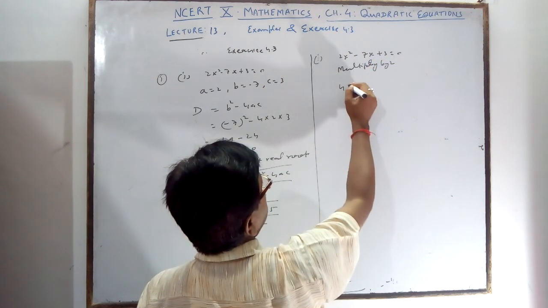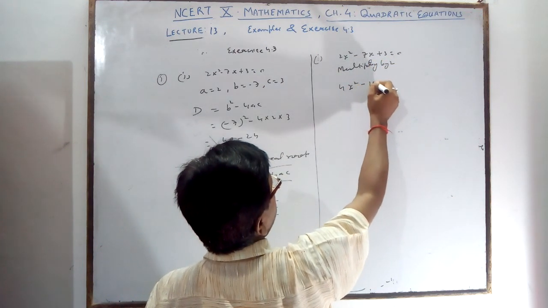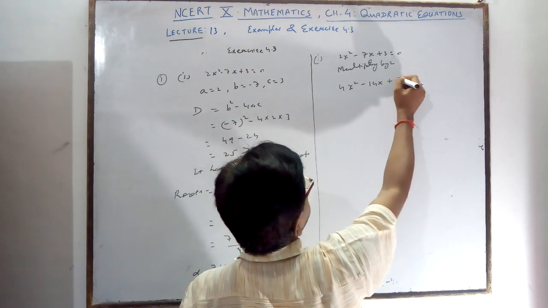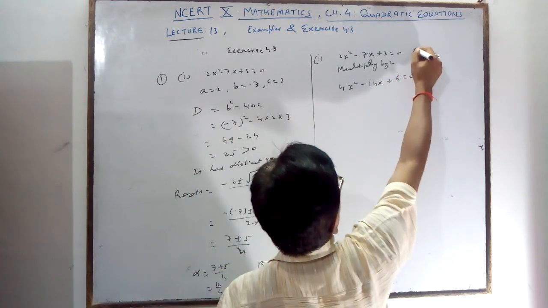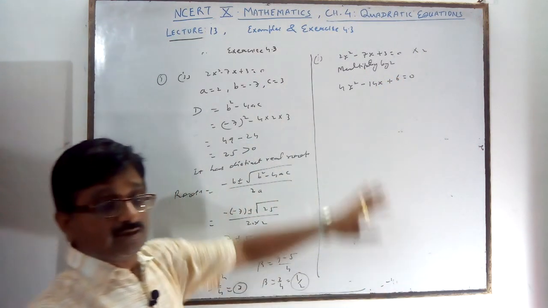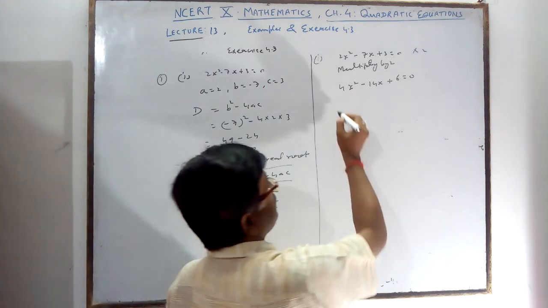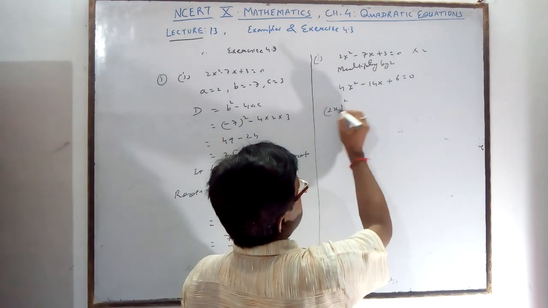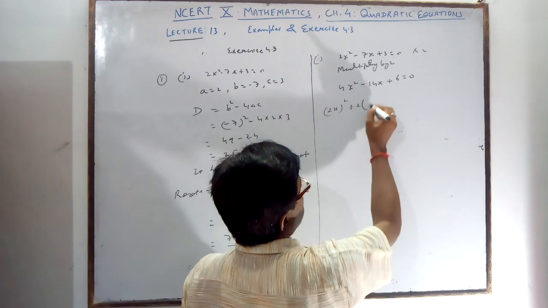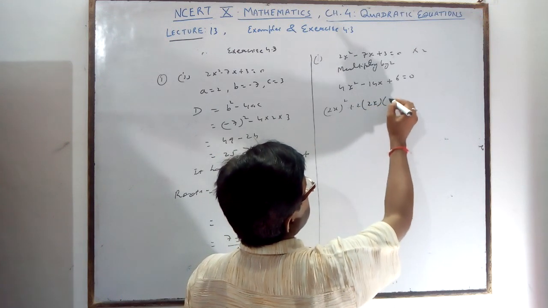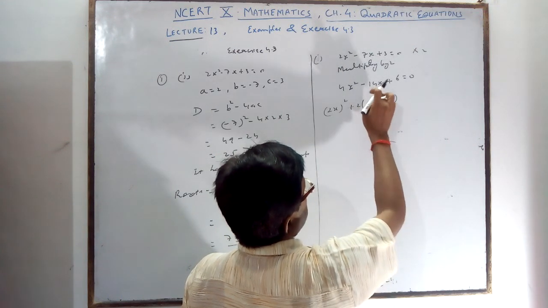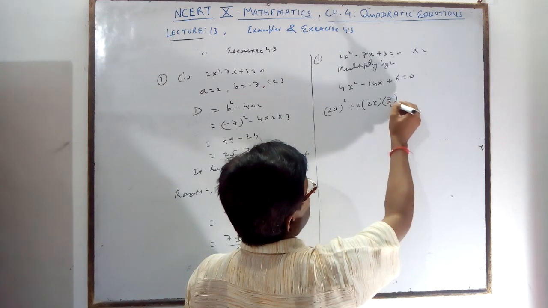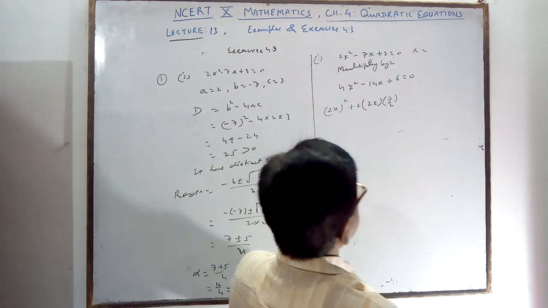What will you get? 4x square minus 14x plus 6 is equal to 0. It is by the completing square method. So convert into the form a plus b whole square: 2x square plus 2 into a into b. You want 14, so 7 by 2, because the 2 cancels.